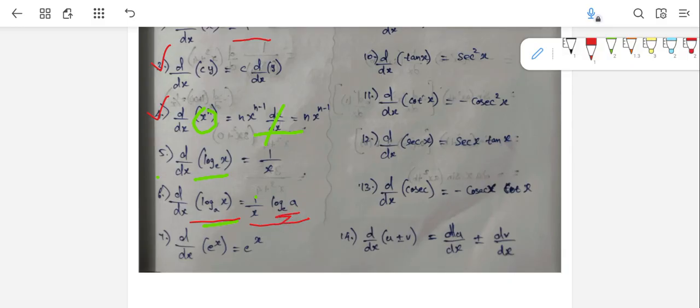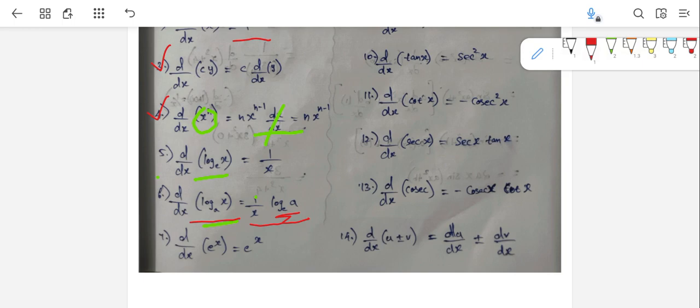When you differentiate a log whose base is other than e, your answer will be 1 by x log a to the base e.